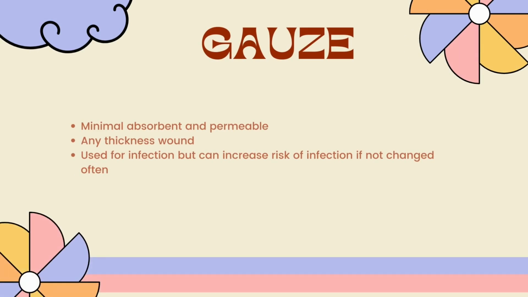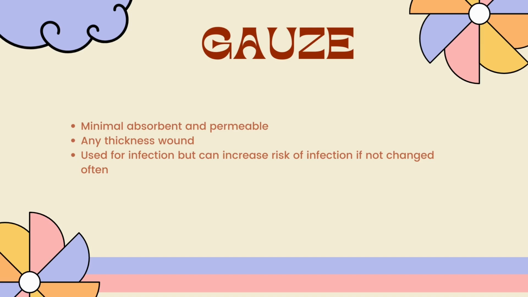Next, we have the very well known gauze. This is a modern dressing that is generally non adherent and ensures appropriate healing through maintaining a moist wound healing environment and maximizing patient comfort. It has also been used for wet to dry debridement, which I'm going to do a whole video on in the future.